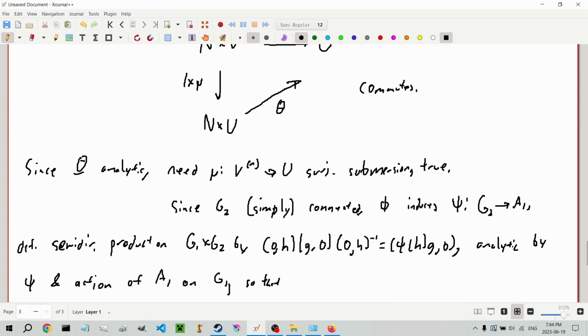So that L of G1, I think that's the right direction, of G2 is G. And we are done.